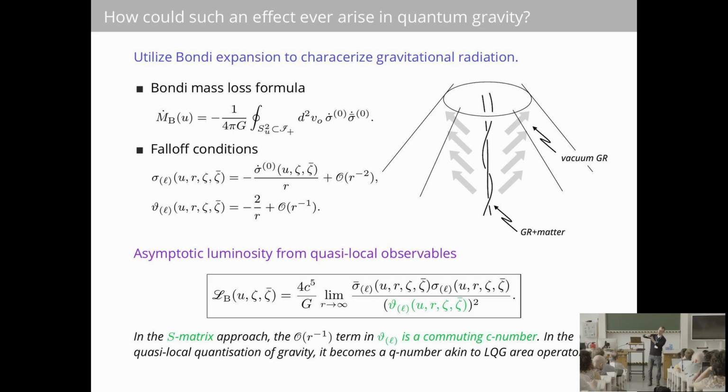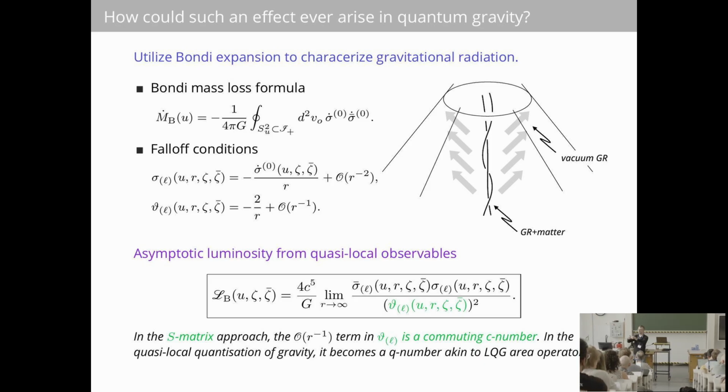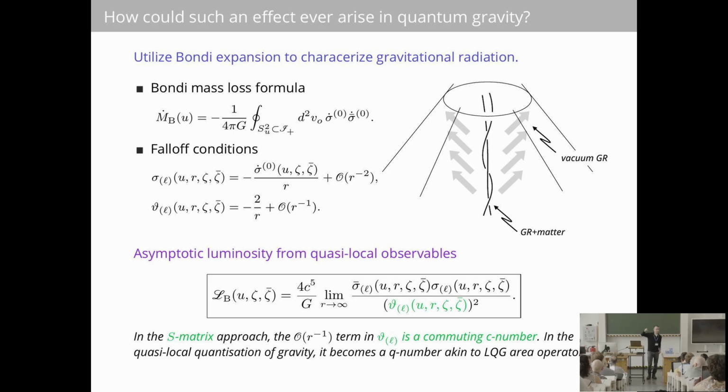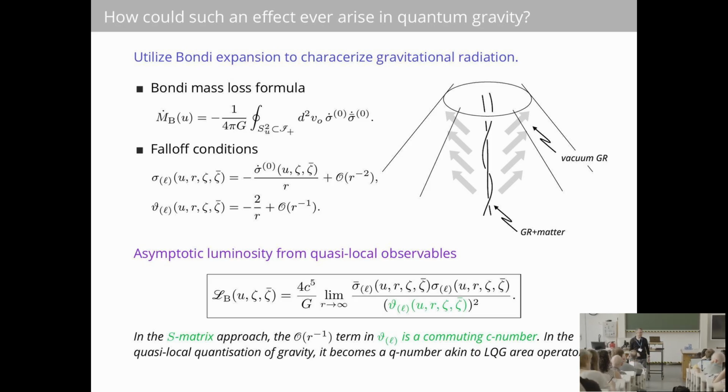So if you have a round assembly of test masses, this gets squeezed and bumped, and this is described by the shear. And then it turns out that the shear squared is the gravitational wave power, asymptotically. All these quantities have a specific fall-off, a specific expansion in 1 upon r, where r is the distance from the source, basically.